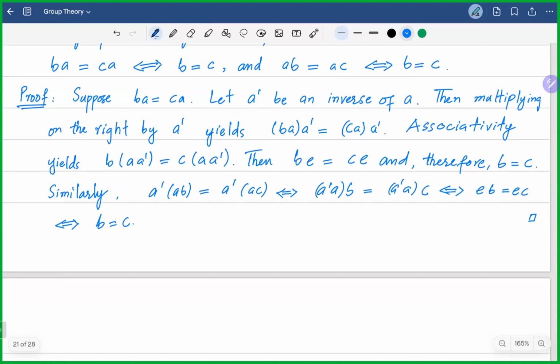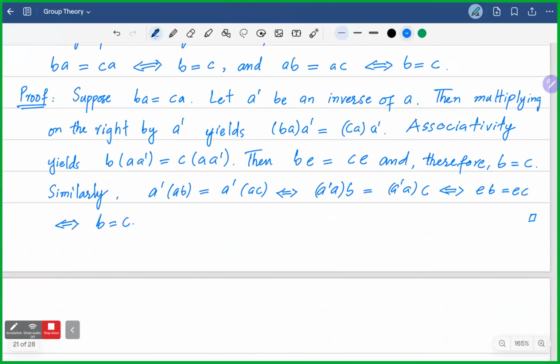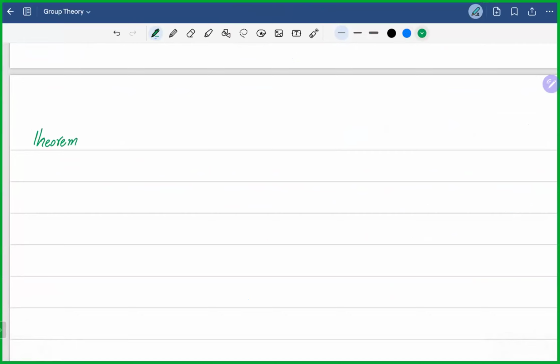And that is our third theorem. So our third theorem says uniqueness of inverses.